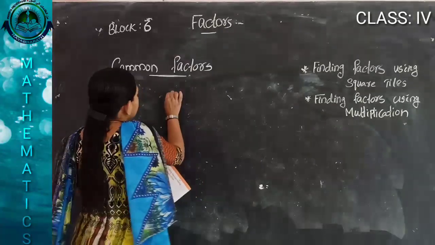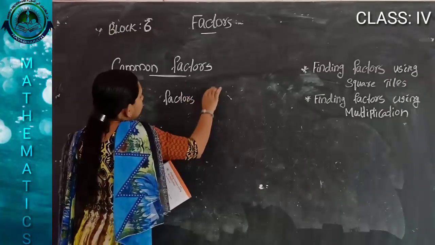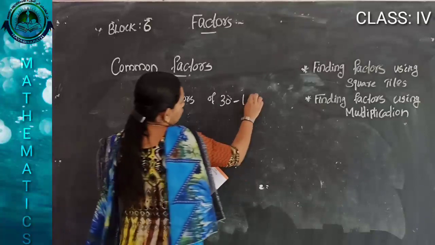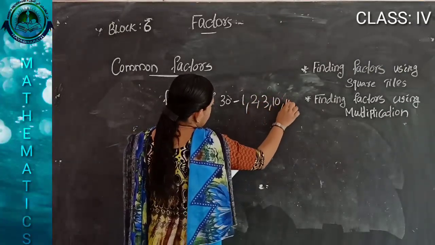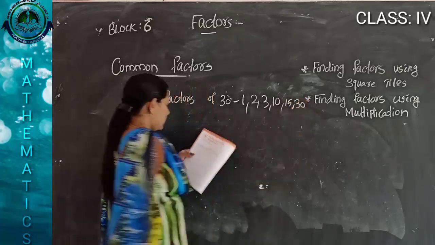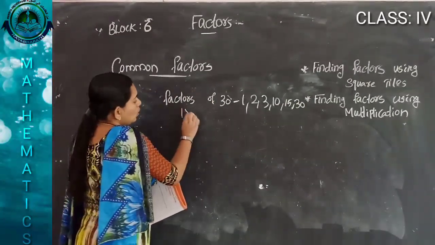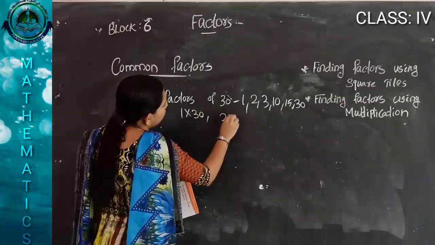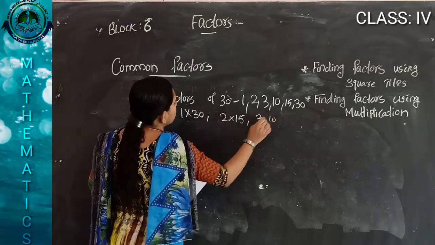The factors of 30 are 1, 2, 3, 10, 15, 30. Factor pairs: 1 and 30, 2 and 15, and 3 and 10 are the factor pairs.